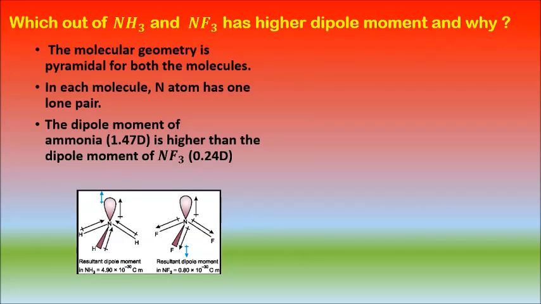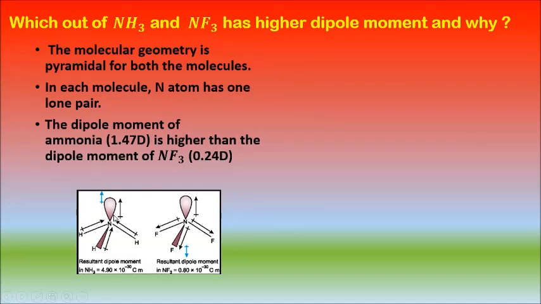We can see here the NH3 molecule with the center atom nitrogen, 3 hydrogen atoms, and the lone pair represented here. When we represent the dipole moment, nitrogen will be more electronegative, so the arrow should be pointing towards the nitrogen, in all the cases.